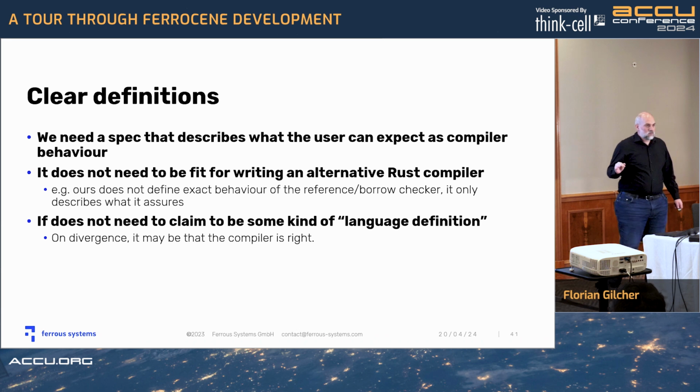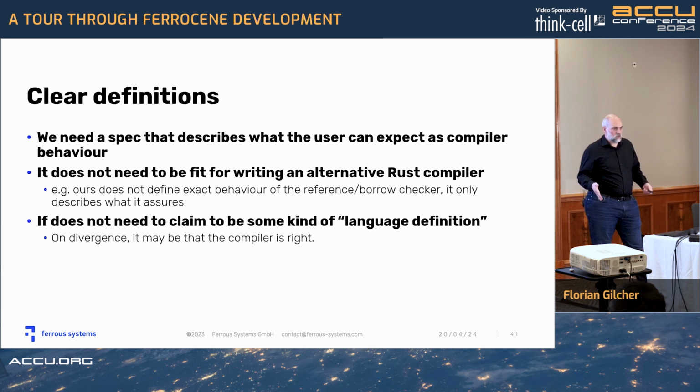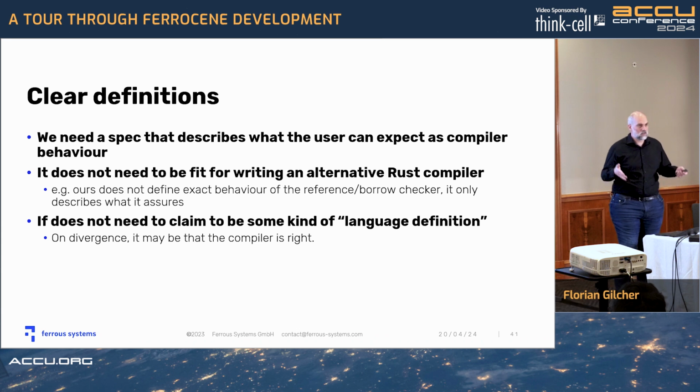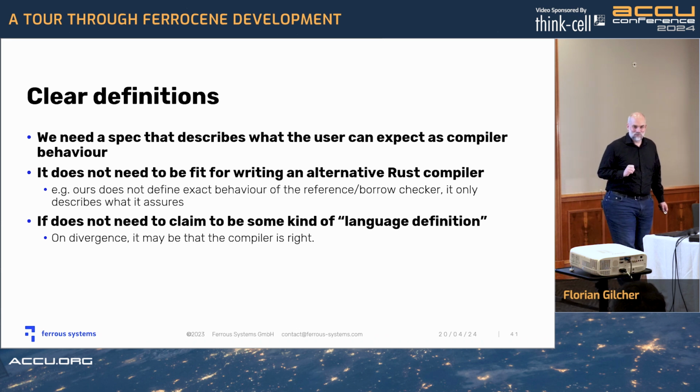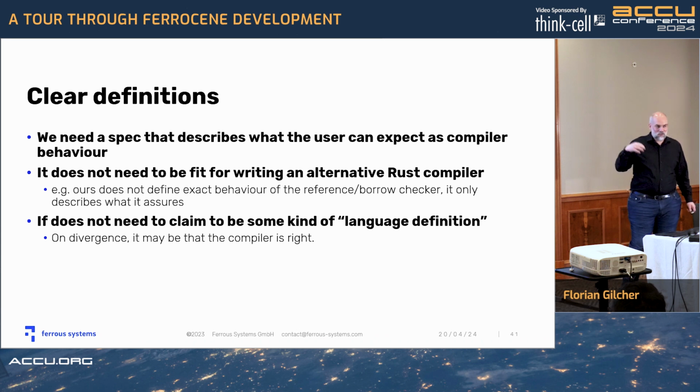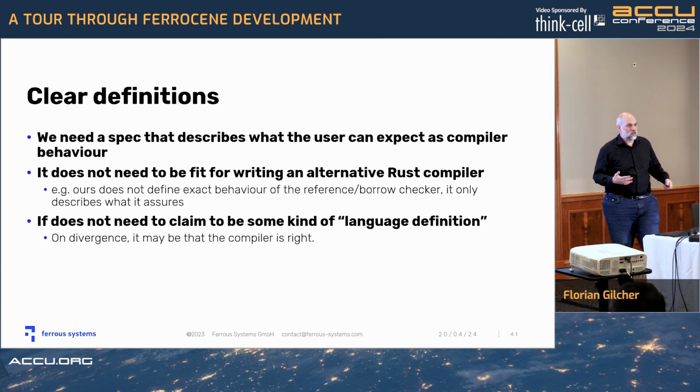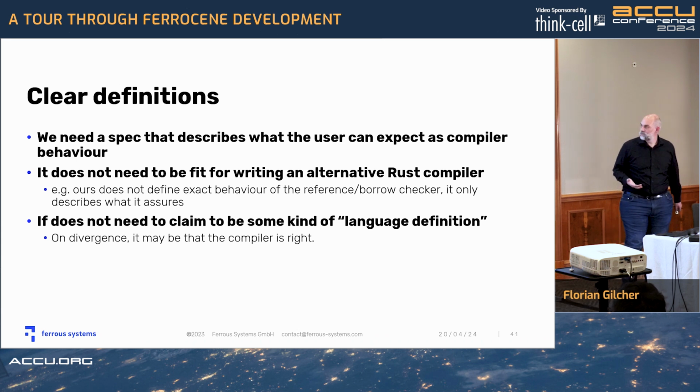We don't need this. We need to guarantee to the user the compiler has facilities in place that make sure that references are never invalid, can always be dereferenced, and all of these kind of things. There's around 16, 17 rules. We need to make sure that the tool upholds these rules. We don't need to describe how exactly it does that. So we have a compiler spec, a tool spec, not a language spec here.